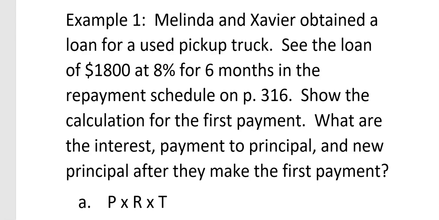If you didn't divide by those, that might be what you did wrong on the quiz. If you got big numbers, that's probably what you missed. So this one, we are doing monthly payments, so every time the time part will be 1/12, 1 month out of 12. Look at the schedule on page 316.